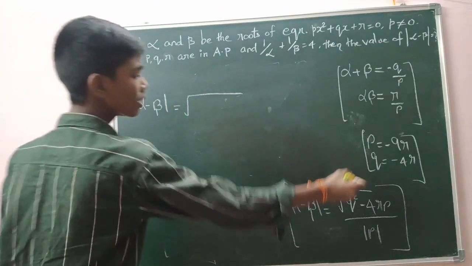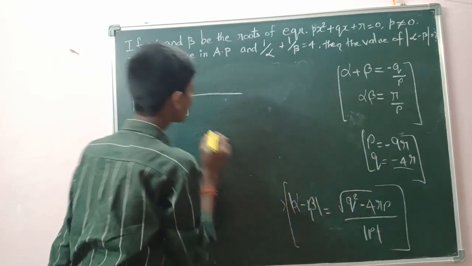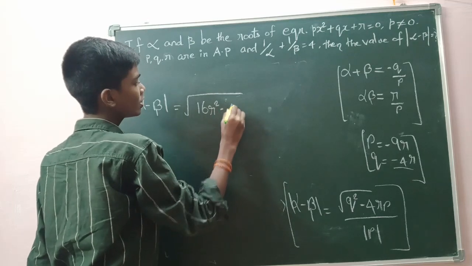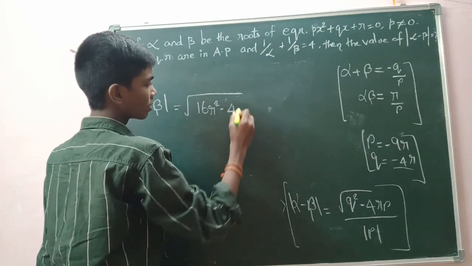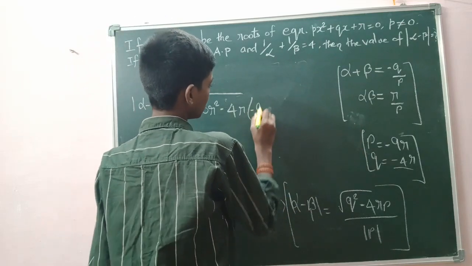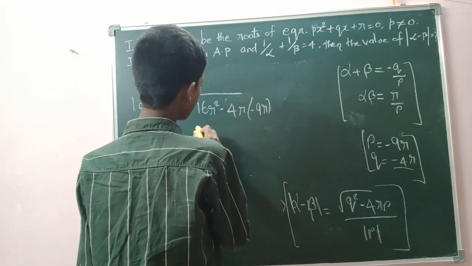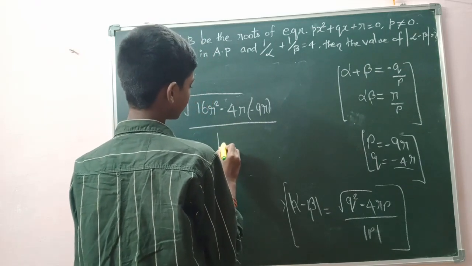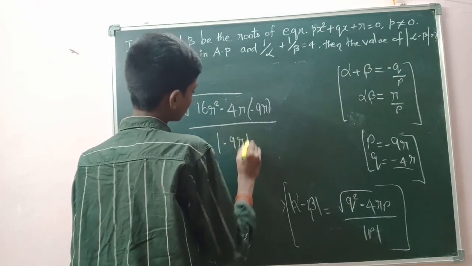What is q square? Q is minus 4r. So q square will be 16r square. Minus of 4 into r into p. What is p? Minus 9r. By mod of p. What is mod of p? Mod of minus 9r. Okay.